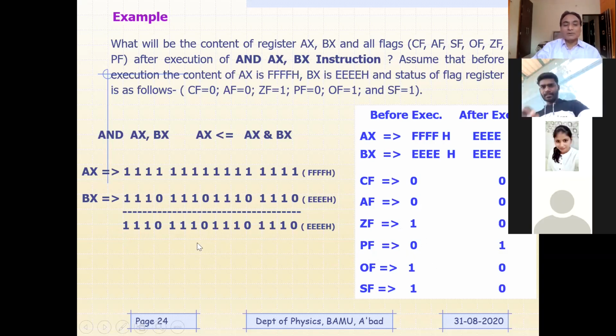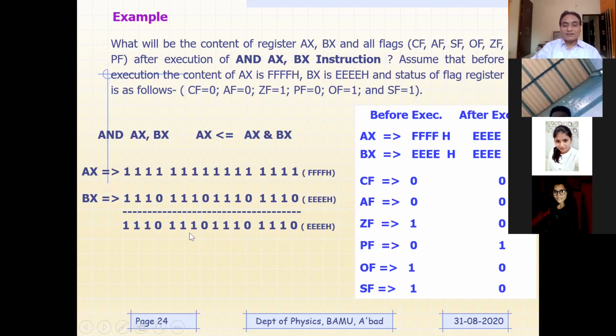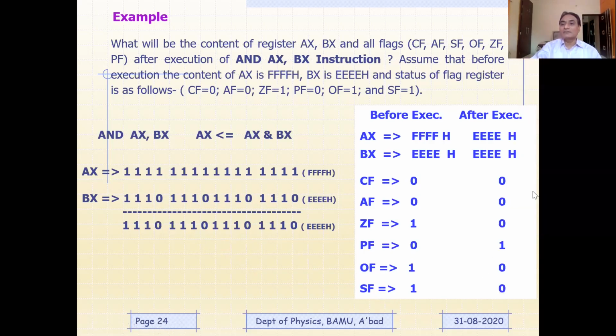Is there any overflow? No. So earlier it was 1, it becomes 0. And similarly, as far as the sign flag is concerned, earlier it was 1, but since there is no sign number, it's going to be 0. So this is how it is going to happen.